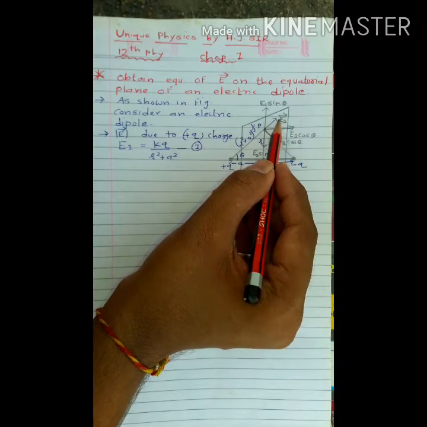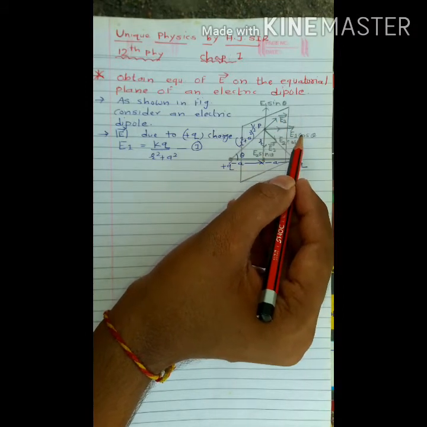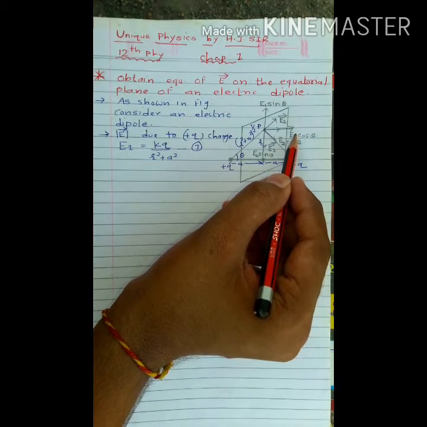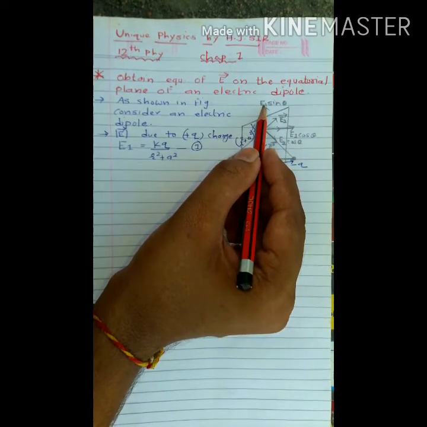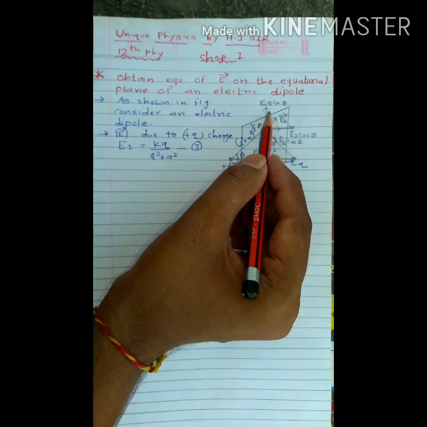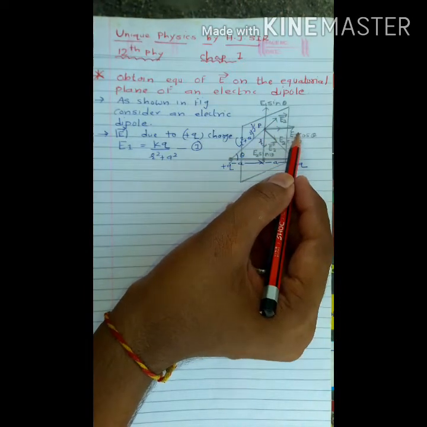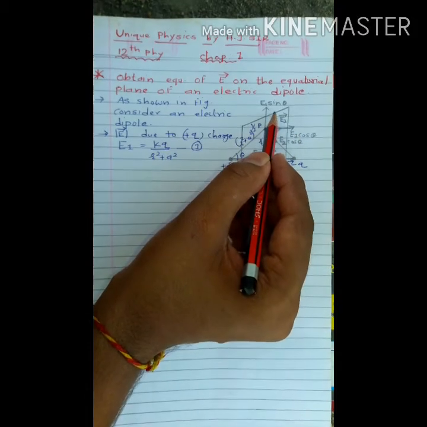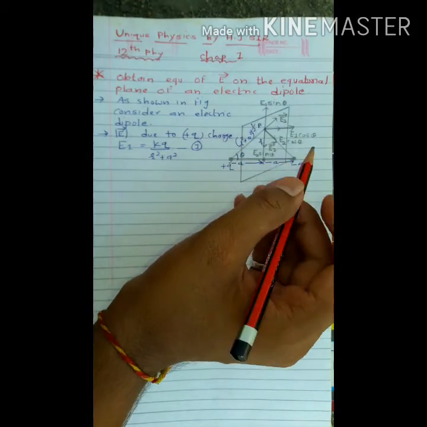We have two components of vector E1: E1 cos theta, which is the parallel component, and E1 sin theta, which is the perpendicular component. See this figure very carefully. This is the parallel component and this is the perpendicular, normal component.